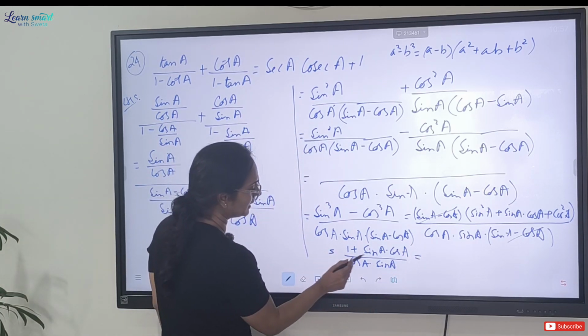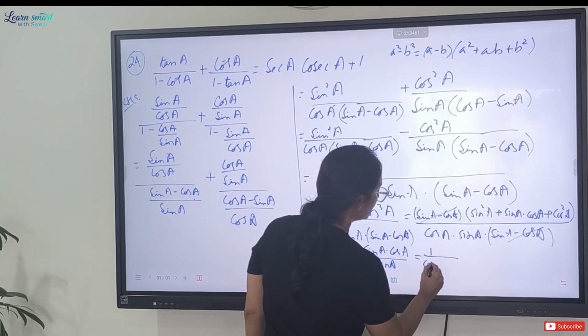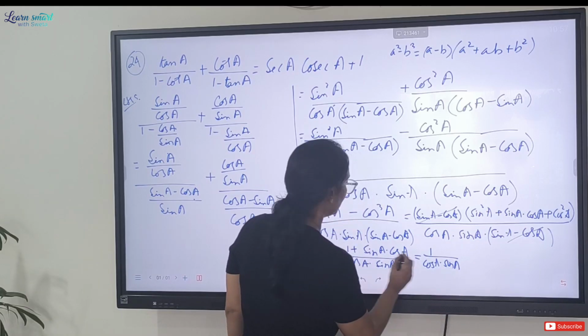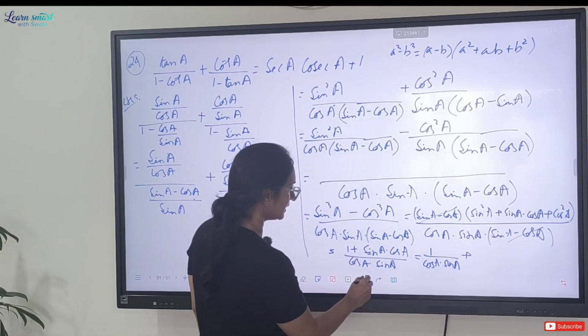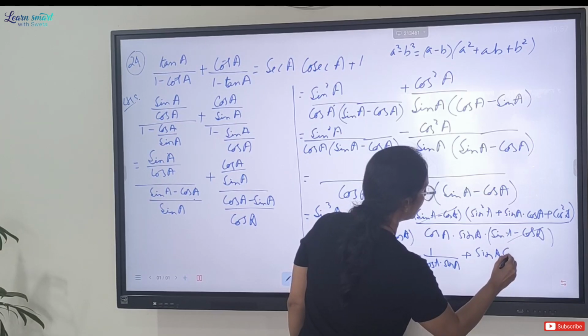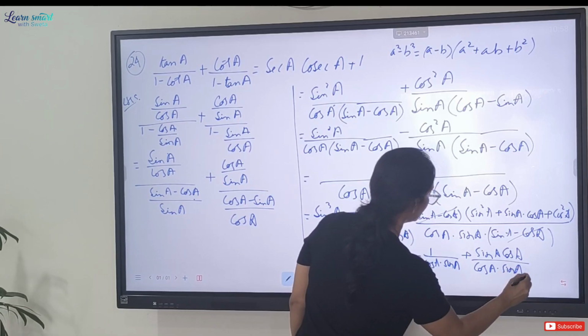We can write this as 1 upon cos A into sin A plus sin A cos A upon cos A sin A.